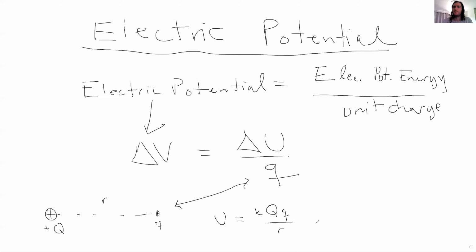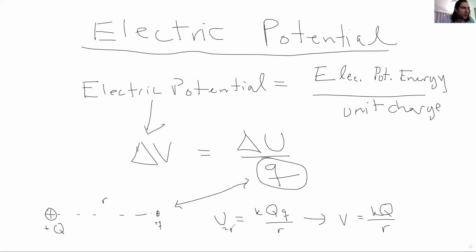And so what would we see for the electric potential, which is electric potential energy per unit charge? Well, we'd have K Q over R, little q canceling because we divide by little q. So this is what we would get for a point charge. So maybe we should subscript this.